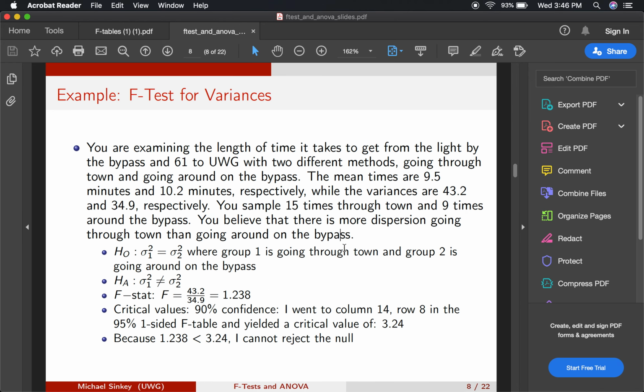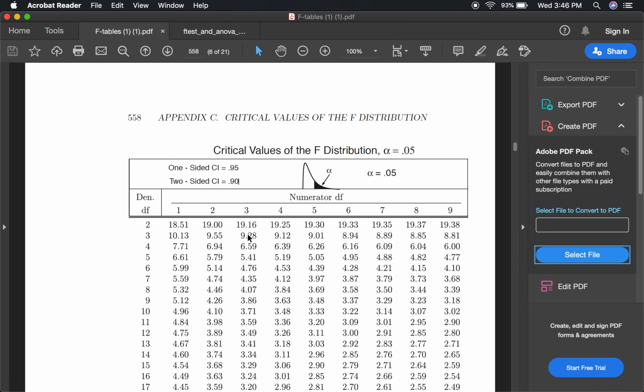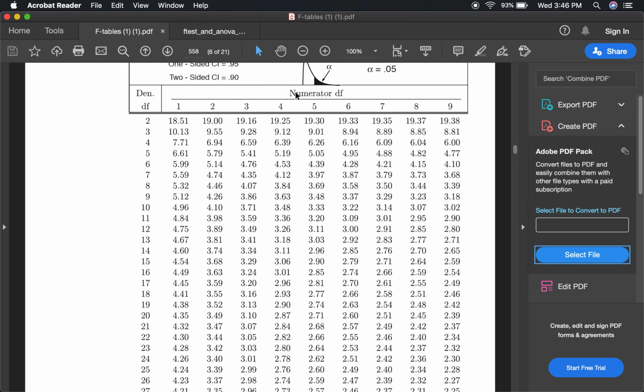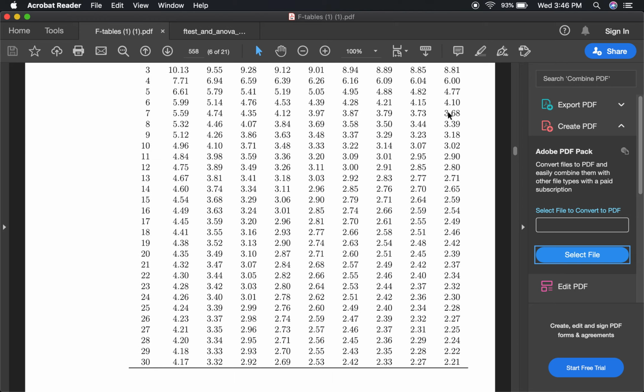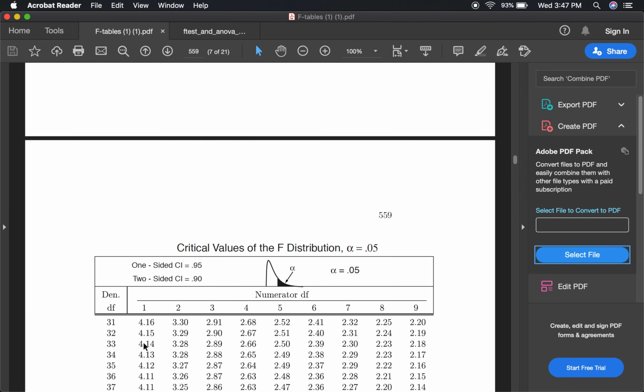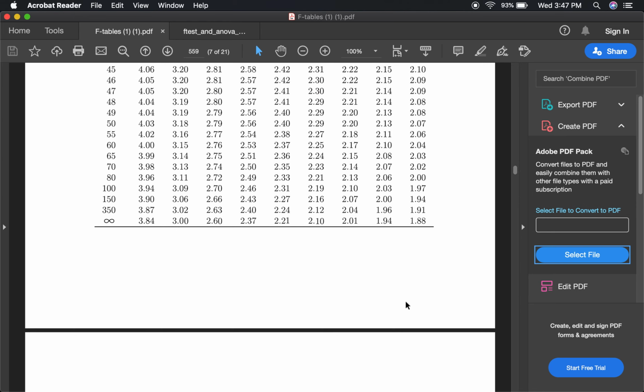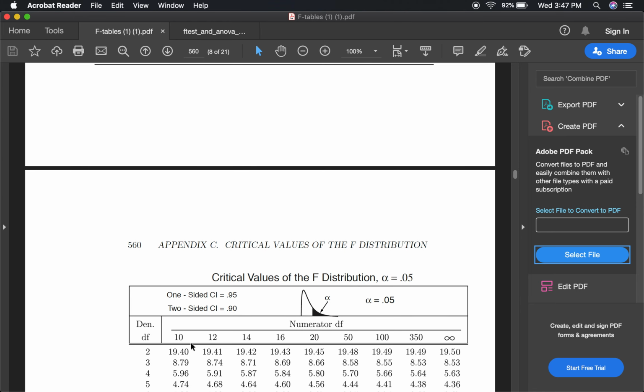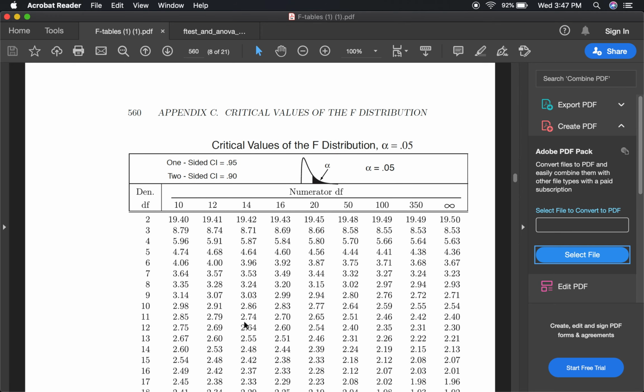Okay. We sampled 15 times through town. Town was the larger variance. In the F table, we would go to column 14. No column 14 here on this page of the F table. No column 14 here on this page of the F table. There is a column 14 here on the third page of our F table for a two-sided hypothesis of 90%.